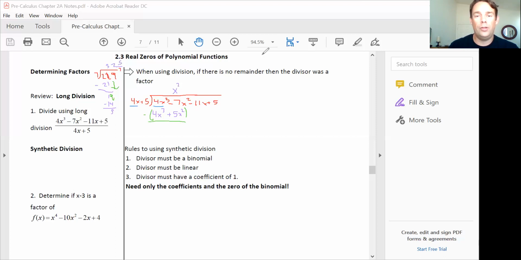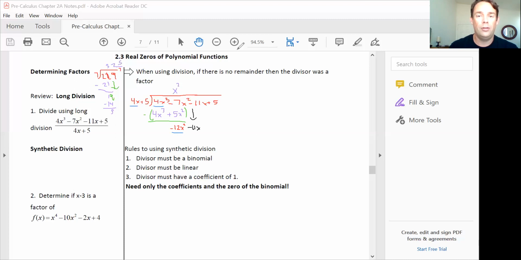And let's see here, we get the 4x cubed minus 4x cubed goes away. Negative 7x squared minus positive 5x would be a negative 12x squared. And then we bring our next term down. Just like we did with numbers, it's just now we're doing it with variables. So now we look at it, 4x times what would be negative 12x squared?